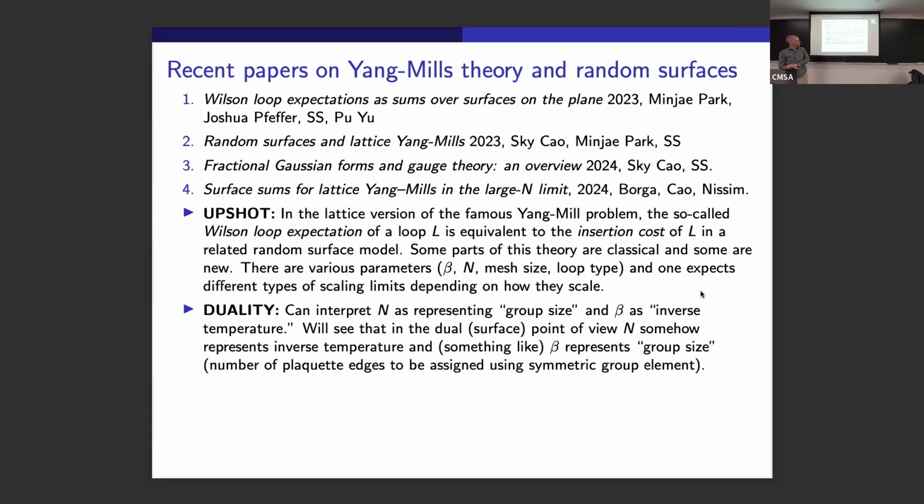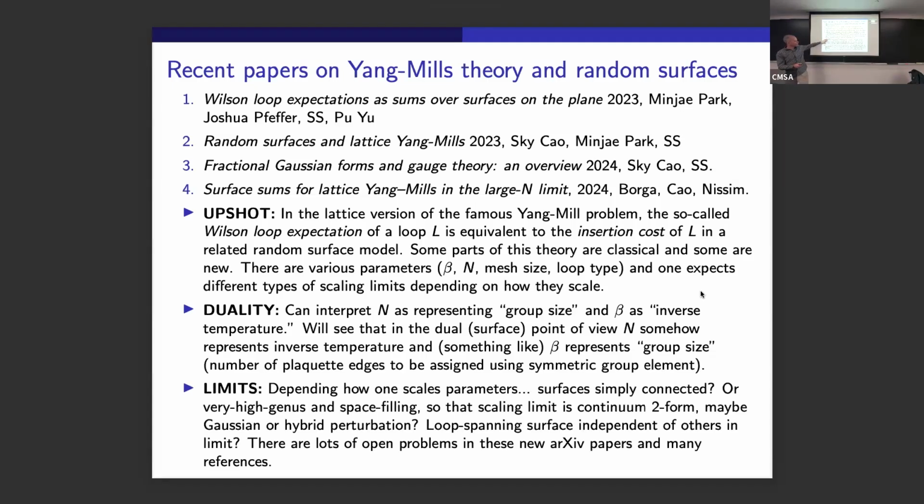So in this duality picture, big N will represent something like inverse temperature, and beta will represent something like the size of a group, and somehow the number of plaquette edges to be assigned using a symmetric group element. So there's this weird swapping of roles.